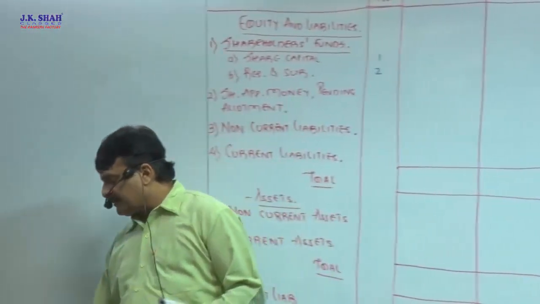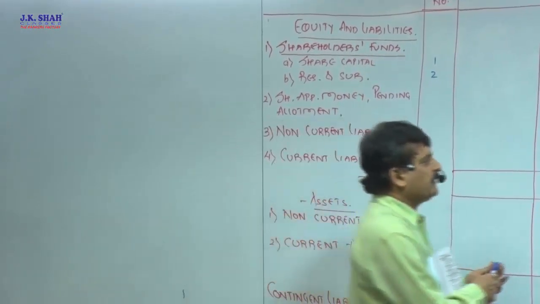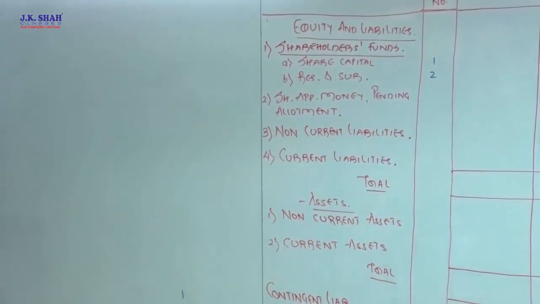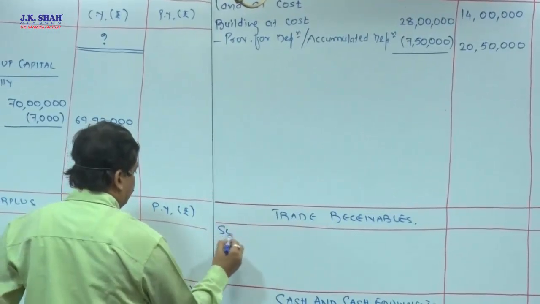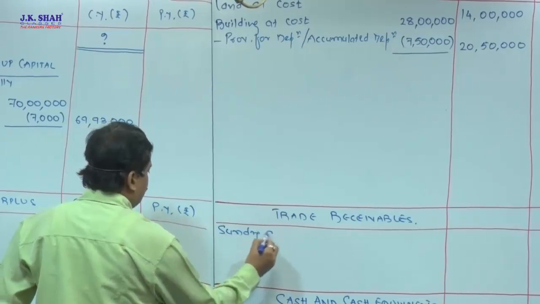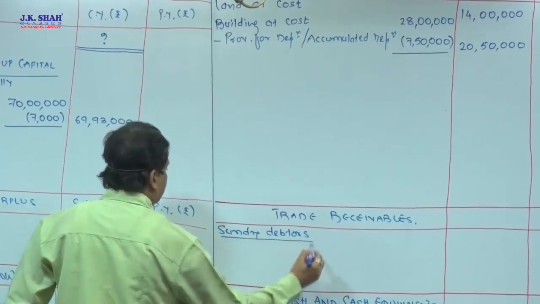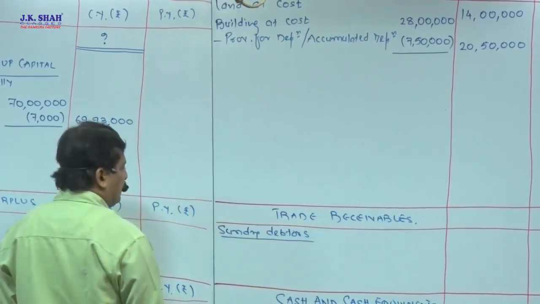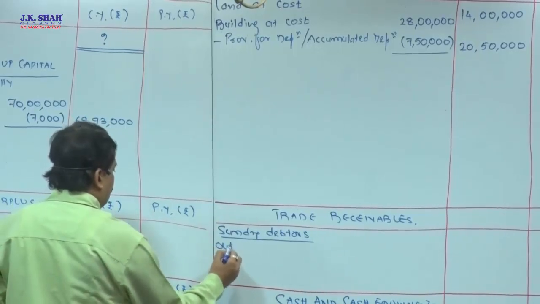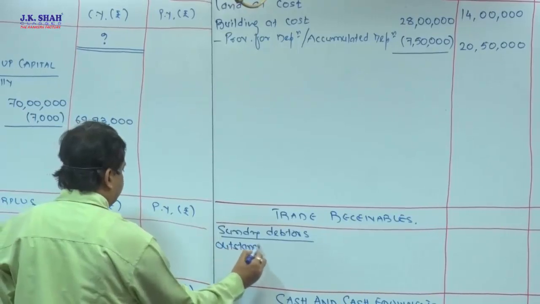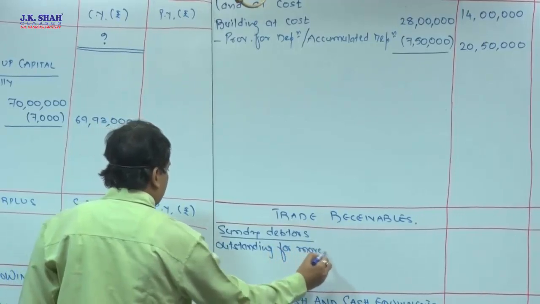Sundry debtors, there is a tick mark for additional disclosure, that will go to trade receivables. Write down sundry debtors. Underline. Next line: outstanding for more than 6 months.